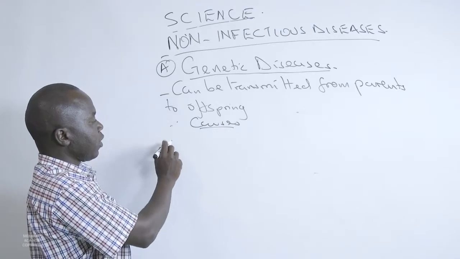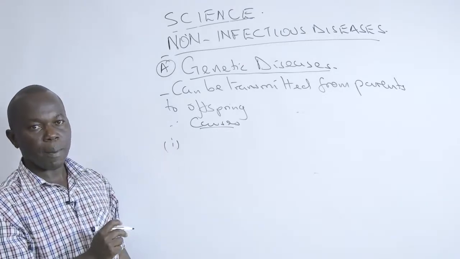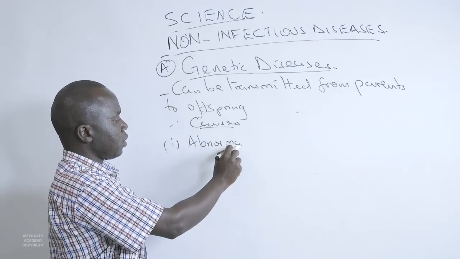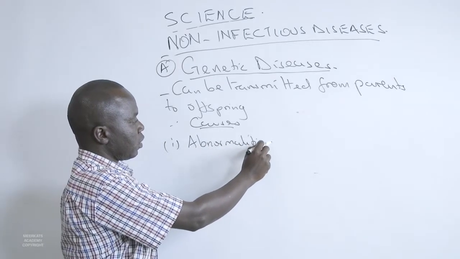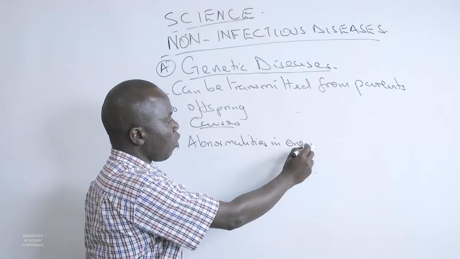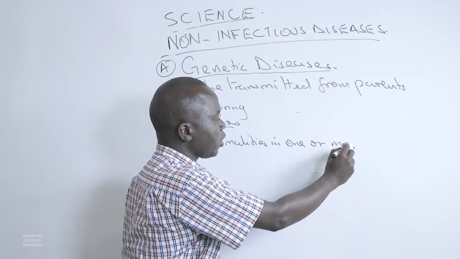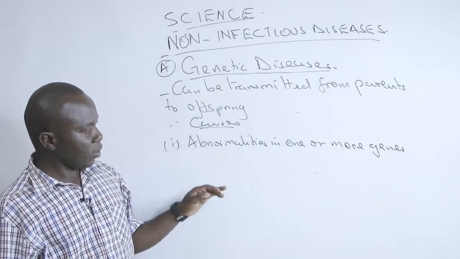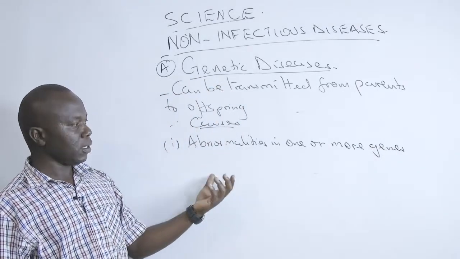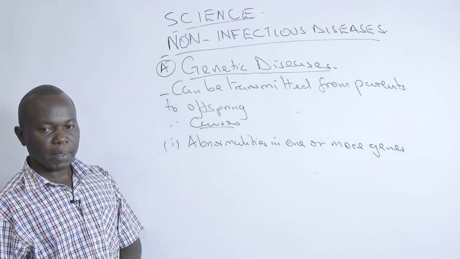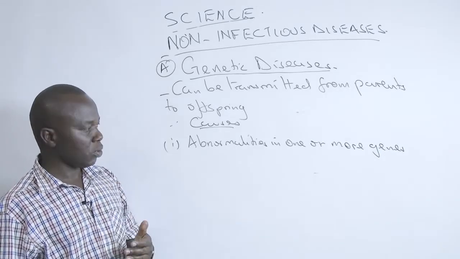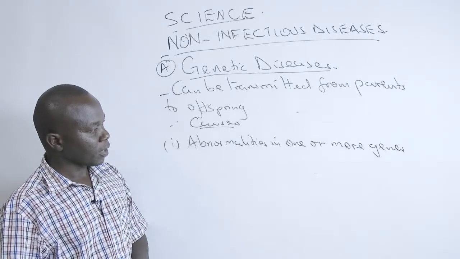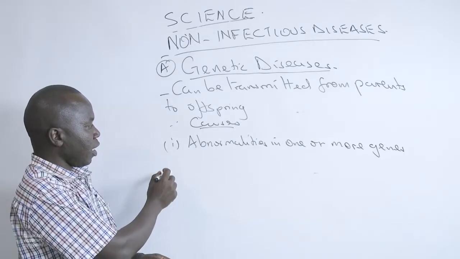Some of the causes include abnormalities in one or more genes. At a higher level, you're going to find out how abnormality at gene level can take place, either through deletion, inversion, substitution, and several others.